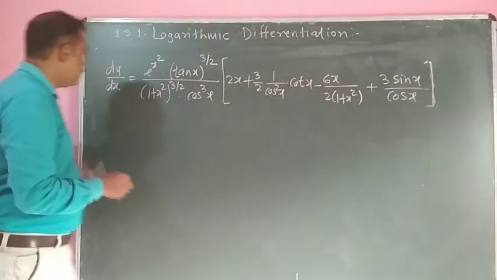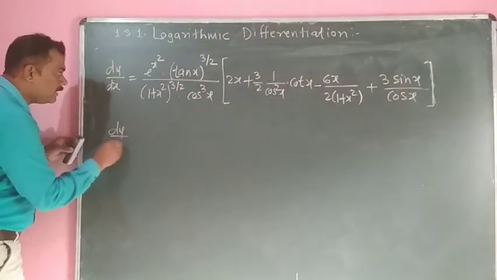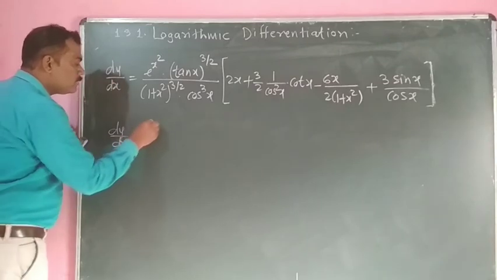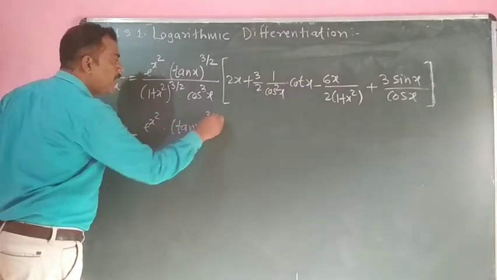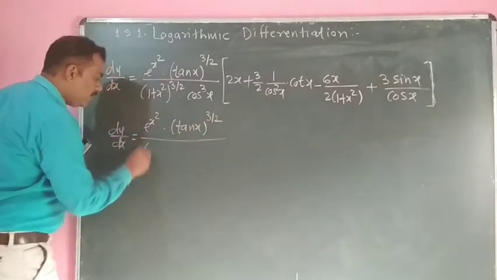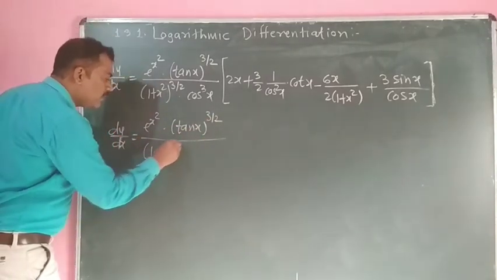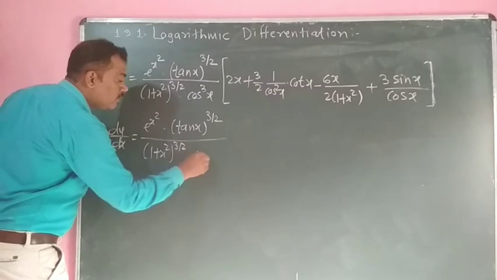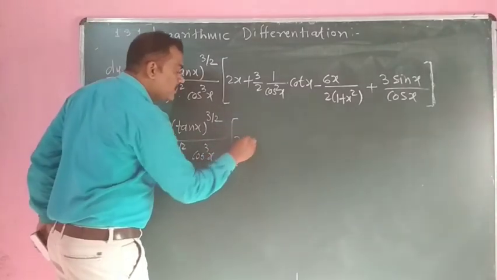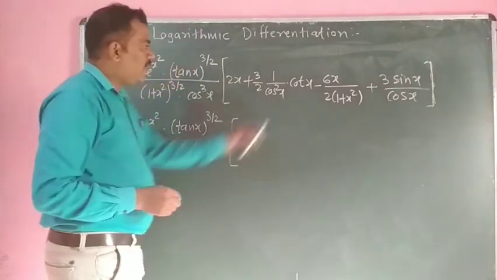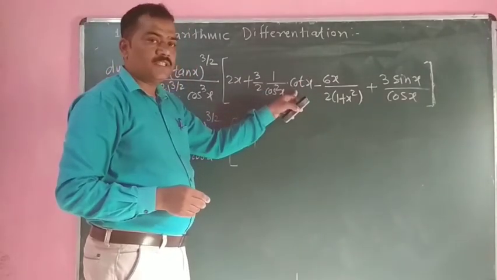So that what we have to get, dy by dx is equal to e raised to x square into tan of x raised to 3 by 2 divided by 1 plus x square raised to 3 by 2 into cos cube x. Here 2x plus, now cot x is nothing but cos upon sine.